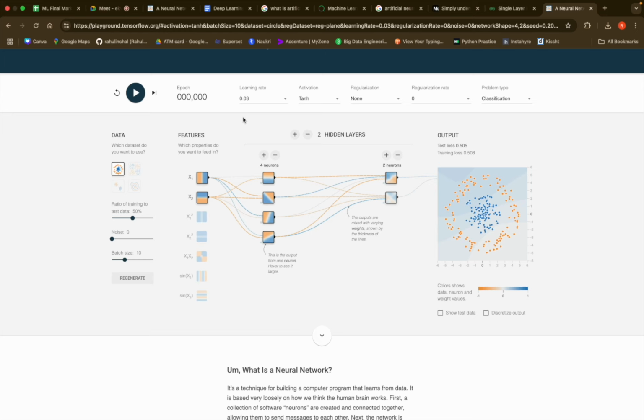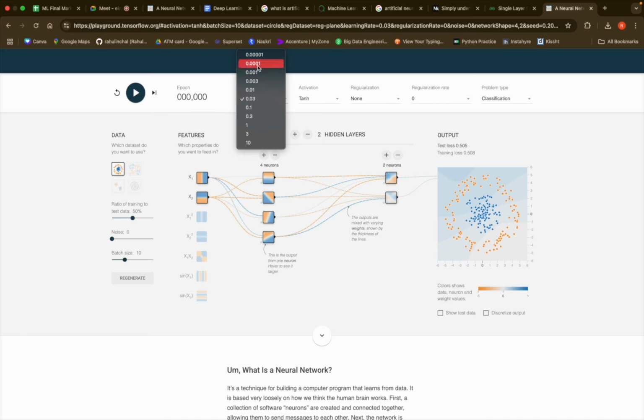If I keep my learning rate too high, it becomes unstable. If I keep it too low, it becomes very slow learning. So I have to tune it in a way that gives me optimal performance. So this is my learning rate.